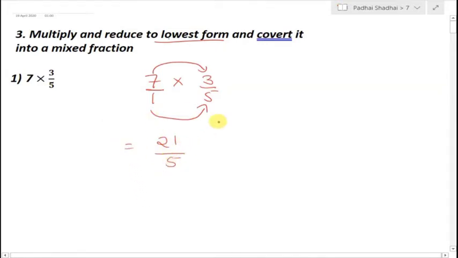So this is the answer, 21 by 5. Now we have to convert. First check whether it is convertible into lowest form or not. 21 cannot be divided by 5, so we will have to leave it, but we can convert it into a mixed fraction here, beta. Let us divide 21 by 5.